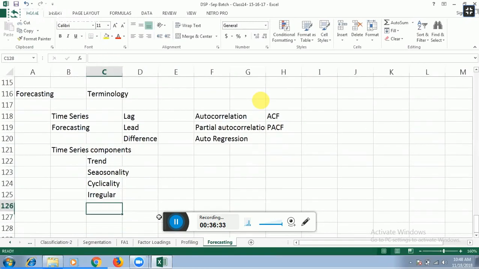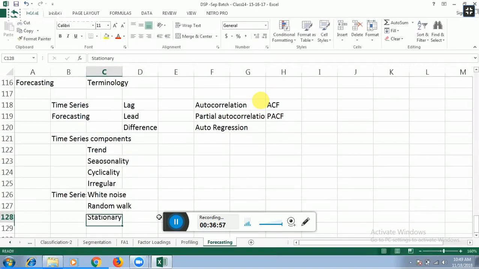And from a time series characteristics perspective, we have white noise, a random walk, and the series being stationary. So these are some of the terminologies related to forecasting. Sometimes we say a series is white noise, a series is a random walk, a series is stationary.